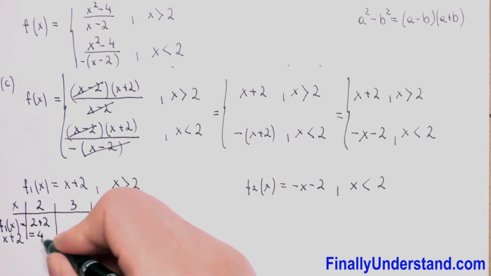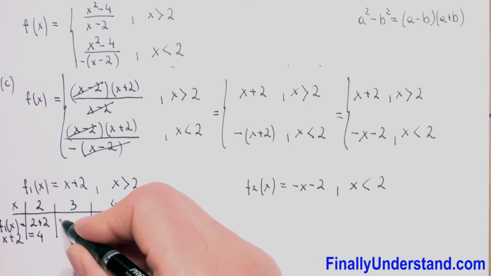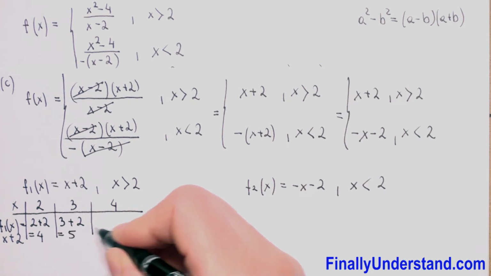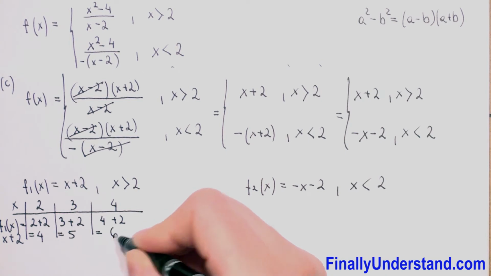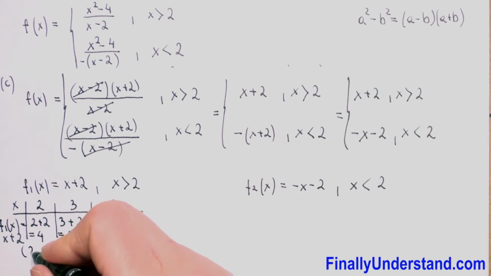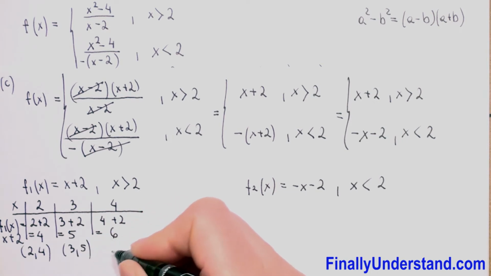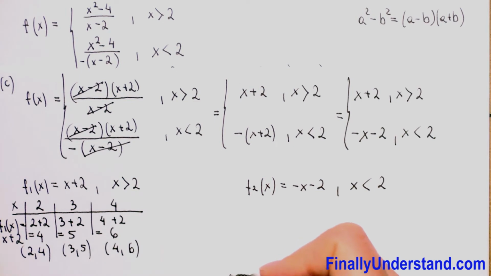This is equal to 4. Now I will replace x by 3. We have 3 plus 2, which is equal to 5. Now we have 4 plus 2. This is equal to 6. So we have the points (2, 4), (3, 5), and (4, 6).